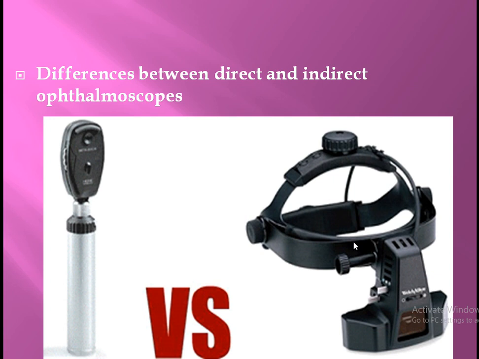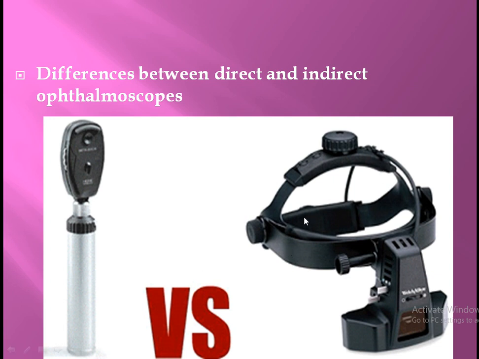This is a larger apparatus you can see, as compared to this one, which is held in the hand of the ophthalmologist, and it is placed over the head. It has the whole system, it has the torch, it has the lens, all placed in this one apparatus.